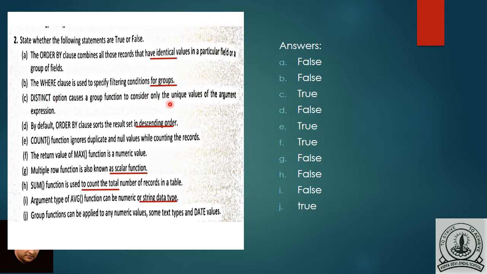It is obviously true, because distinct in itself means unique values. Now fourth, by default order by clause sorts the result set in descending order. So it is false. It sorts it in ascending order, not in descending order.